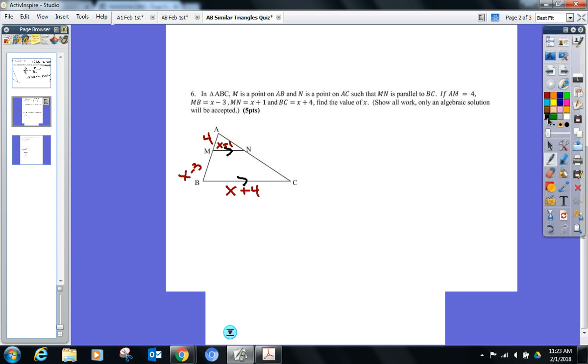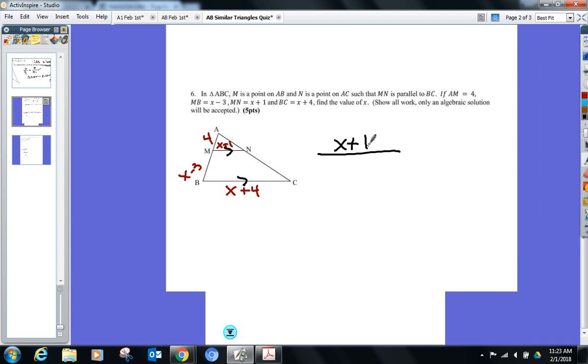So here we go. What does that x plus 1 correspond with? X plus 4. The other side in this triangle is 4. And the 4 does not correspond with x minus 3. It corresponds with AB. Now, this kind of drove me nuts.